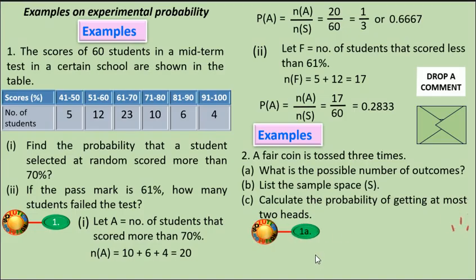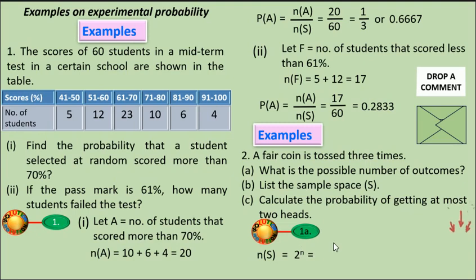The first question says, what is the possible number of outcomes? A fair coin is tossed how many times? 3 times. Can you remember what we said? The number of sample space should be 2 raised to power n, where n is the number of trials. So how many times do we toss this coin? 3 times. So the number of trials n is 3.